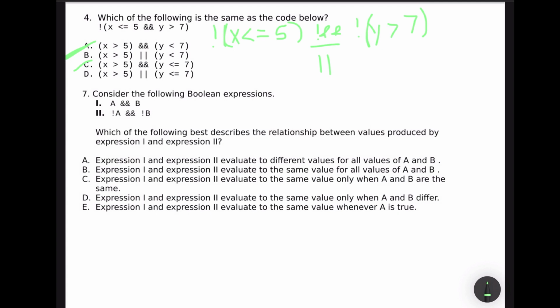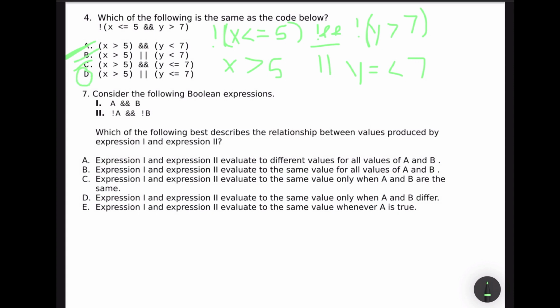So not x less than or equal to 5, so x has to be greater than 5. This one is not y greater than 7, so that has to be y has to be less than or equal to 7. So the answer for this one is D.